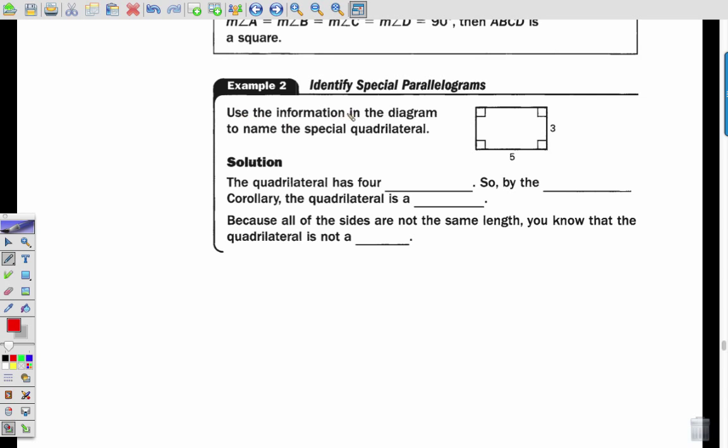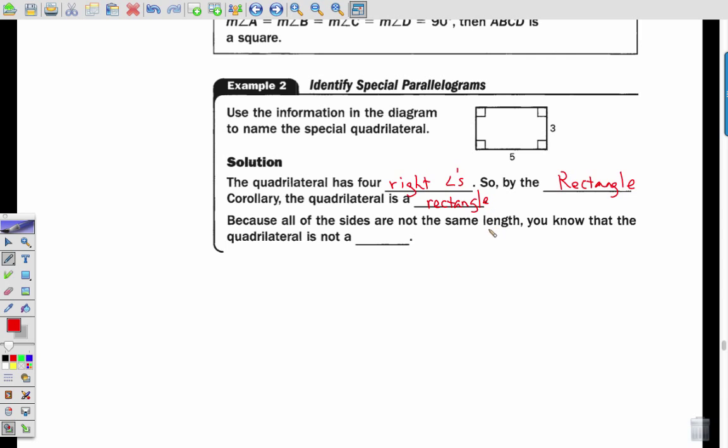Here it says, use the information in the diagram to name the special quadrilateral. Ooh, I see four right angles. So the quadrilateral has four right angles. So by the rectangle corollary, this quadrilateral is a rectangle. Four right angles gives me a rectangle.